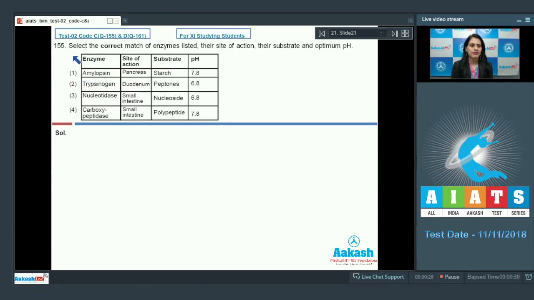Question number 155. Select the correct match of enzymes listed, their site of action, their substrate and optimum pH. The very first option given is amylopsin.